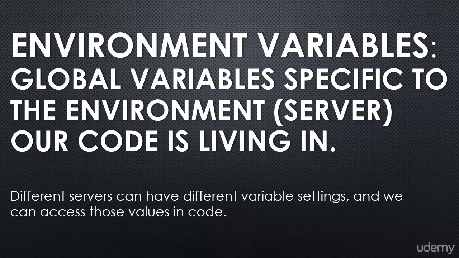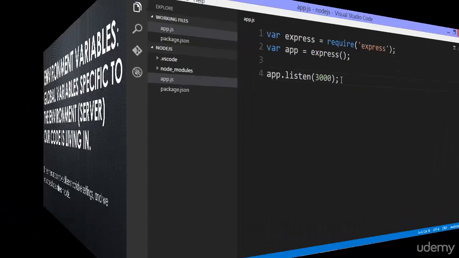And that way, we don't have to change our code in order to change a setting. There might be a way for the server to set the environment variable, and even though our code responds to it, we're actually setting the variable outside of it. And this we end up doing a lot when we're dealing with Node being deployed to servers.